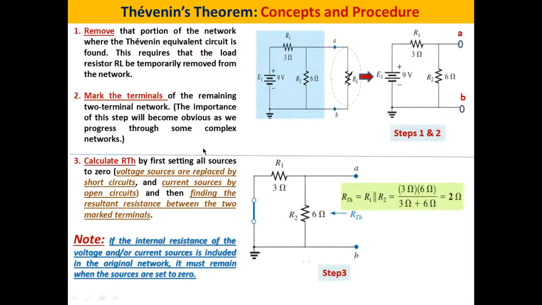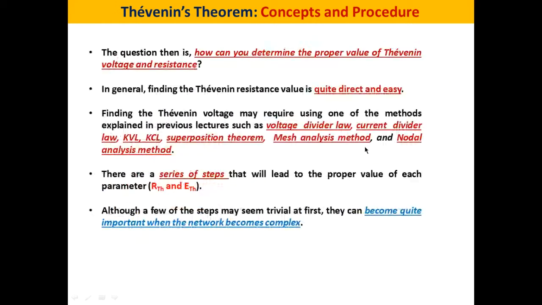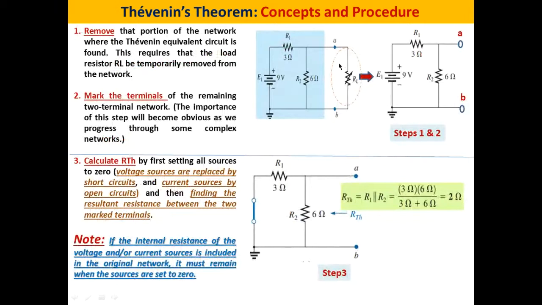Okay, so this is the concept and the procedure to be followed. I choose to explain the procedure through an example. So we have the different steps here. Step number 1, we remove RL and we mark the terminals. Step number 2. Step number 3, we make all the sources 0.